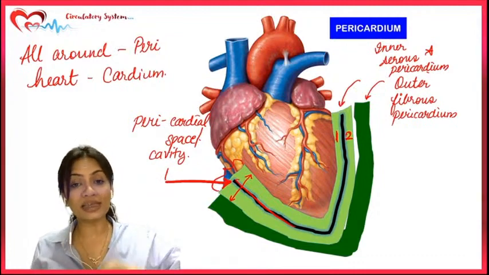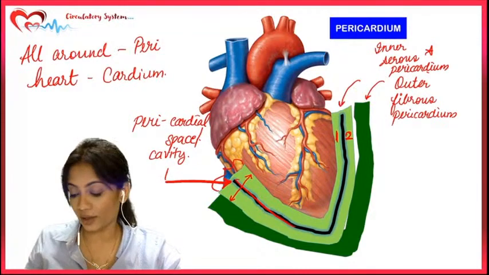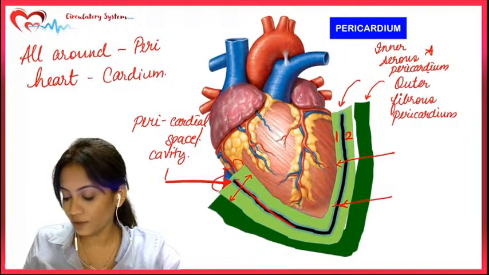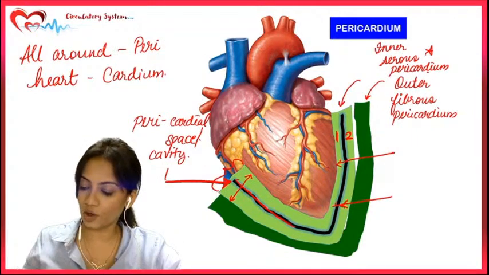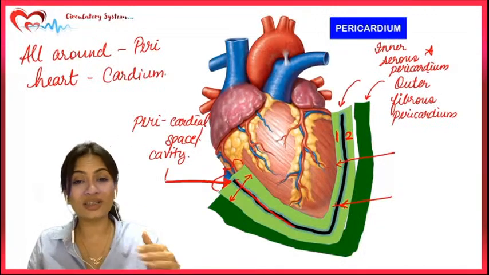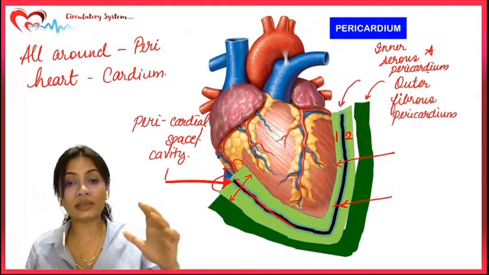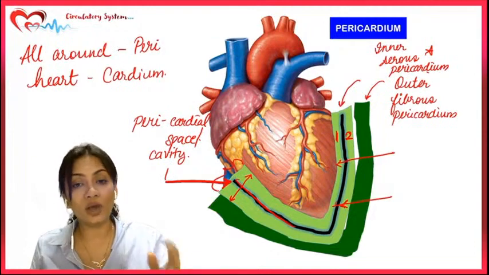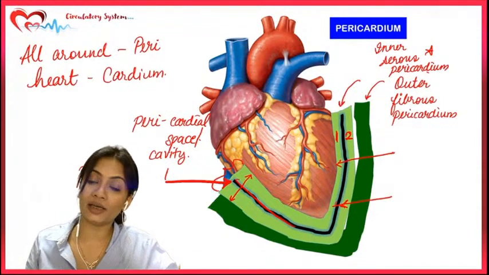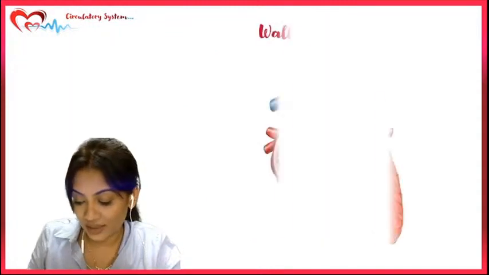Okay, so now these two regions also have got names. The inner region and the outer region. Alright, so the inner region that we see, because it is near the heart, near the organ, and our body organs can be called viscera, that's why the inner region can be called the inner visceral layer.